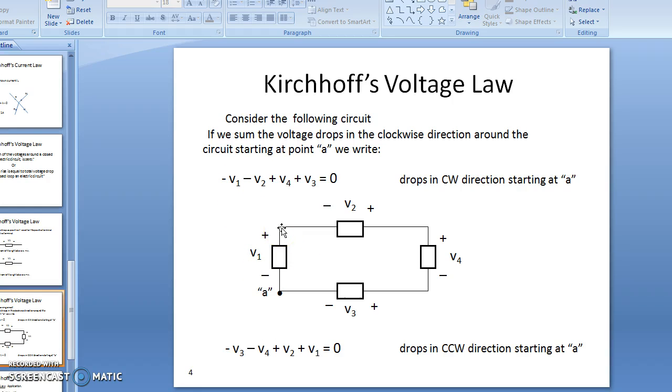From this point, it's minus V2 because we are traveling from negative to positive again.